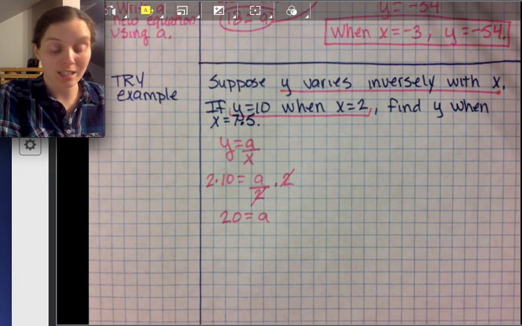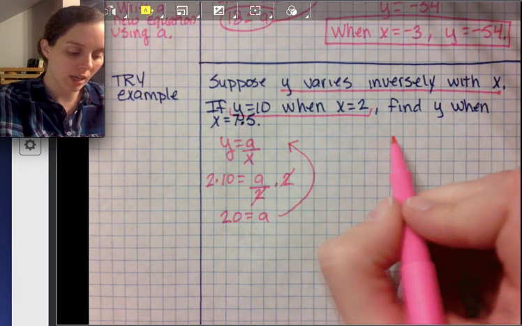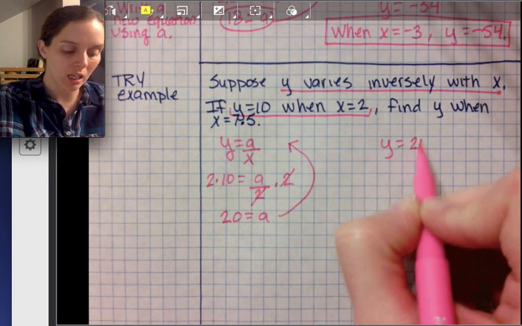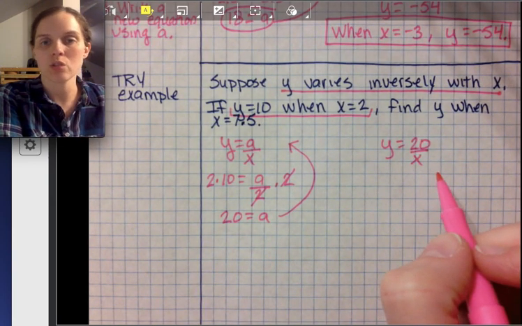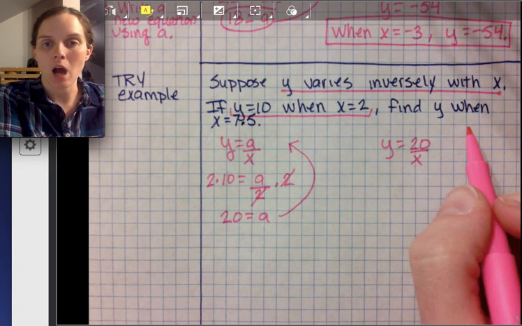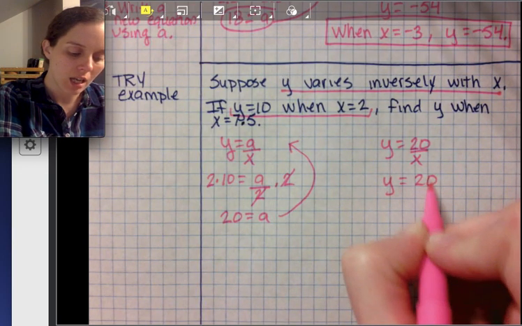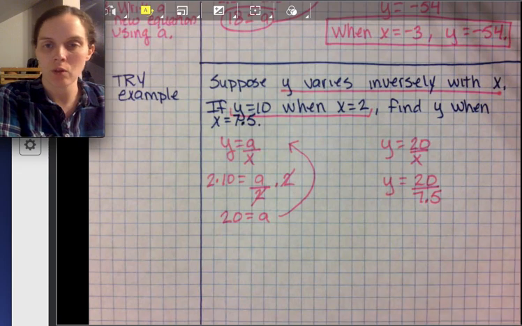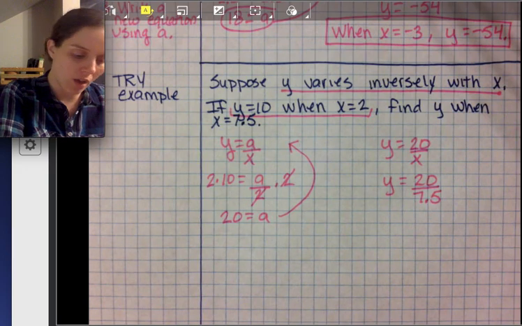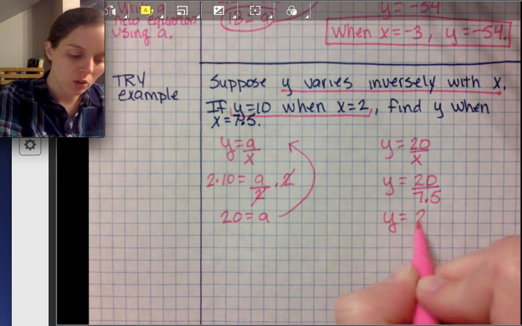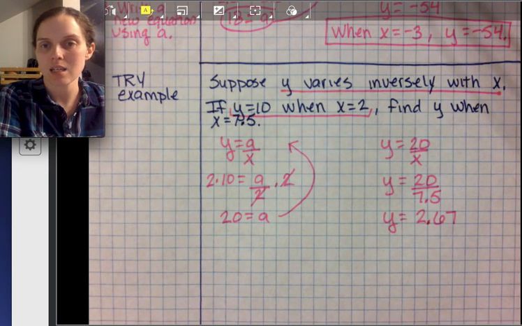That's not the answer, and I need to use that to write a new equation. It's going to be y equals 20 divided by x. This is the equation I'm going to use to answer the question. Find y when x is 7.5. So y equals 20 divided by 7.5. 20 divided by 7.5 is 2.6 repeating, so we're going to round it to 2.67.